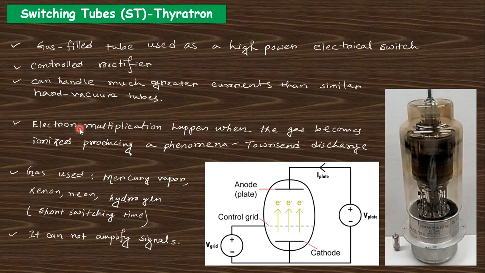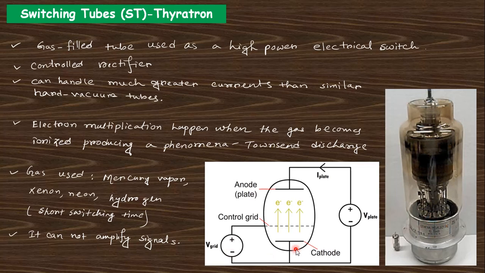Electron multiplication happens when the gas becomes ionized, producing a phenomenon of glow discharge. Gas used is mercury vapor within this region. This type of gas is used, and it cannot amplify the signal.